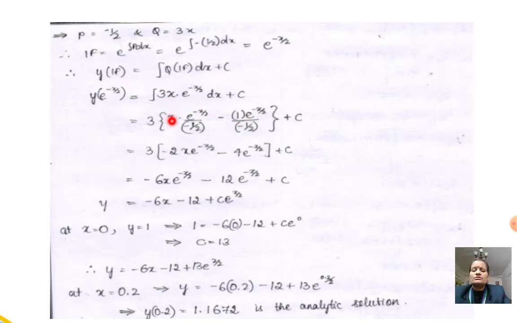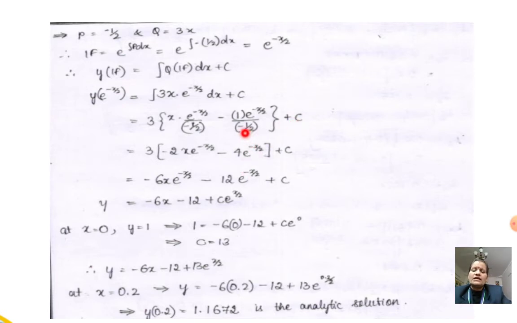So x into integral of e power minus x by 2 is e power minus x by 2 divided by minus half, minus derivative of x, which is 1, into the integral of this one, that is e to the power of minus x by 2 divided by minus half the whole square. Here the square is missing, okay, plus c.